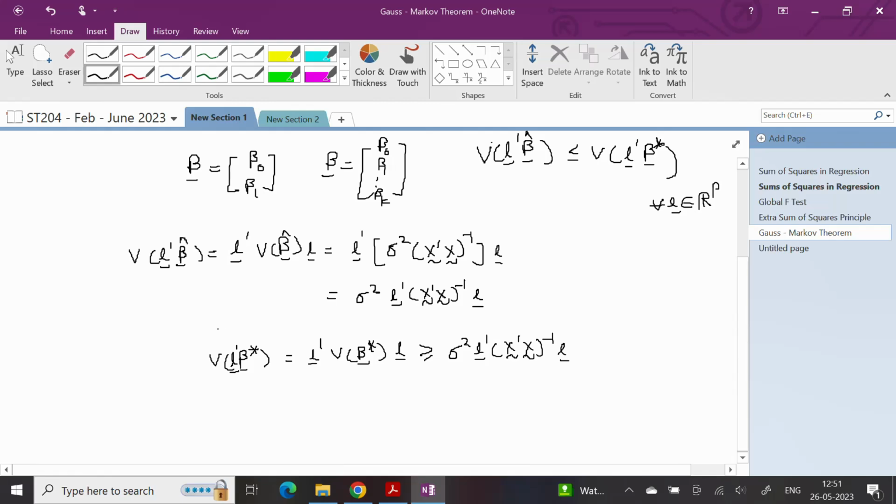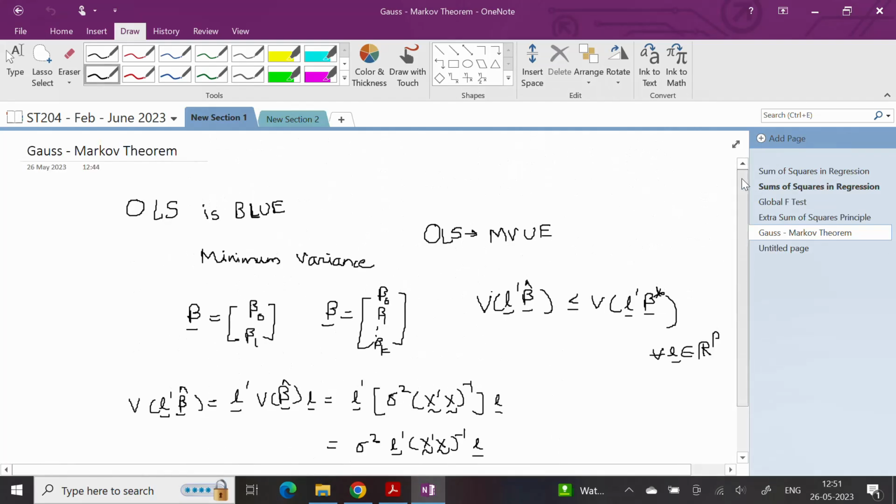How do we prove this? We are talking about best linear unbiased estimate, so linearity is also important. This is not minimum variance unbiased estimate in any class. It is minimum variance unbiased estimator in the class of linear estimates. That's why we are saying it is BLUE, best linear unbiased estimate.